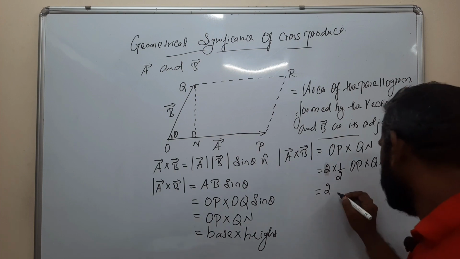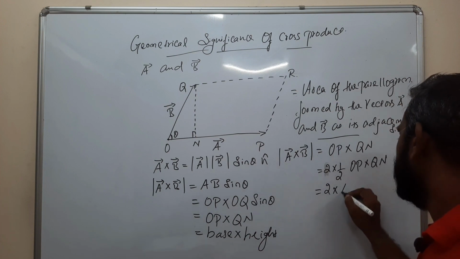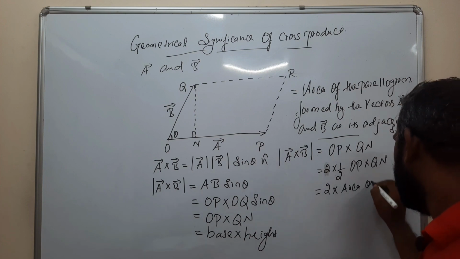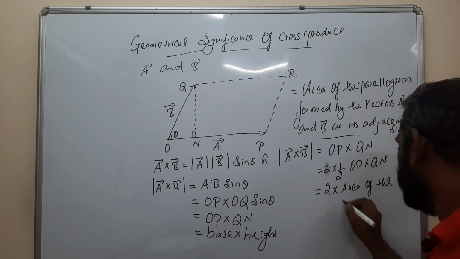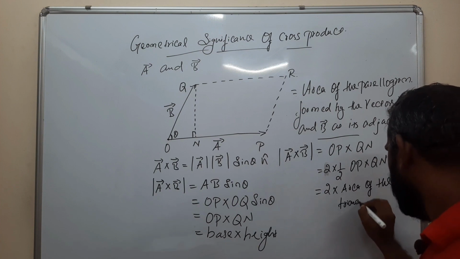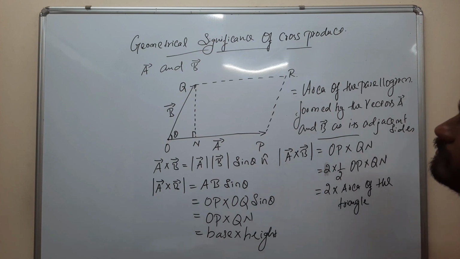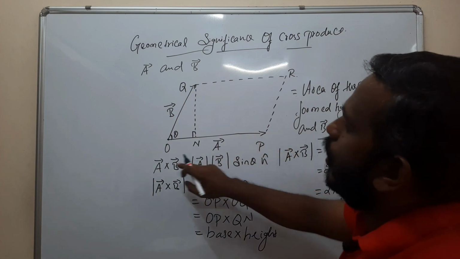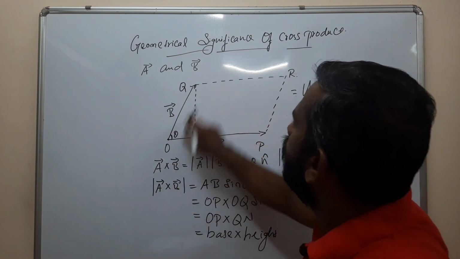So that's equal to twice the area of the triangle. Area of the triangle, what? That is POQ.